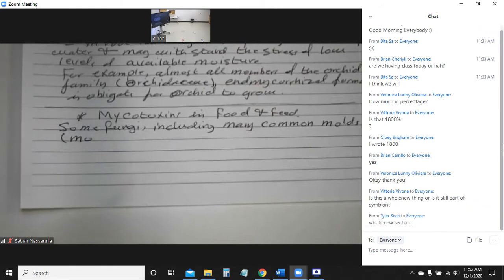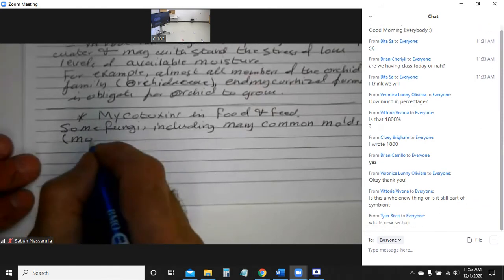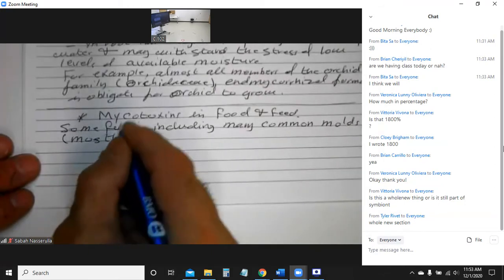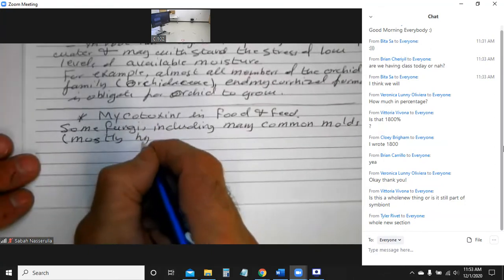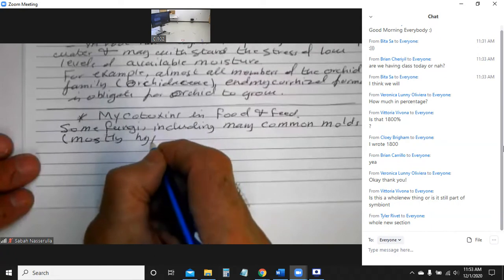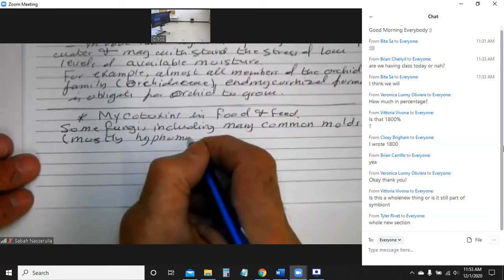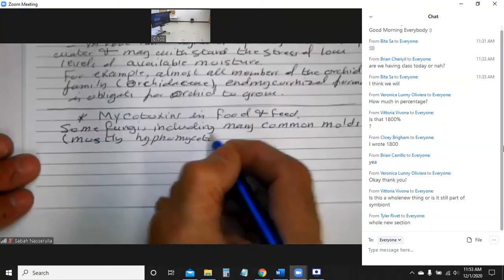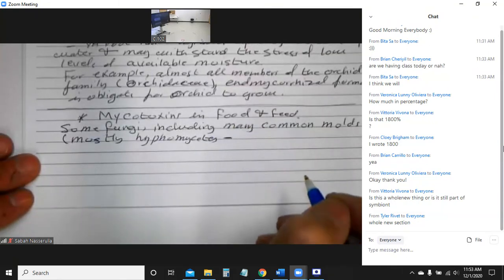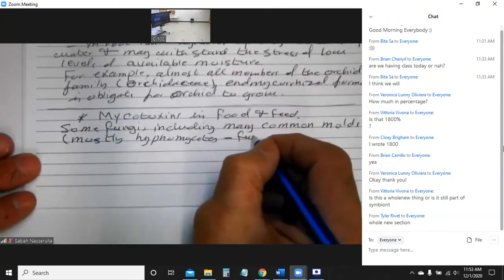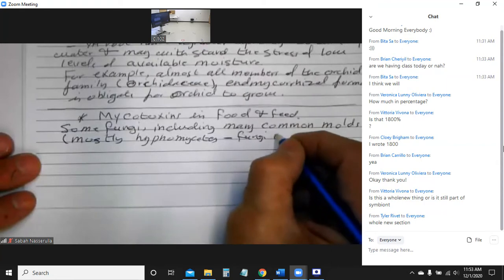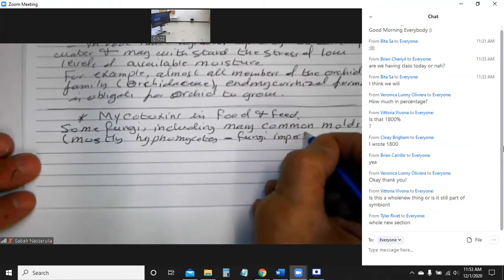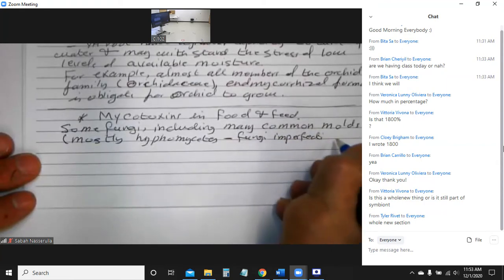These are mostly hyphomycetes, from the fungi imperfecti or the deuteromycetes, so that you can remember that.